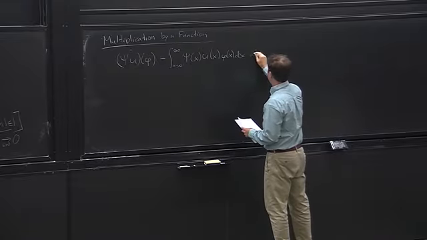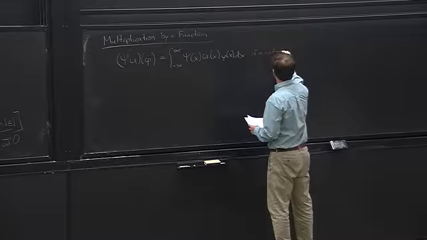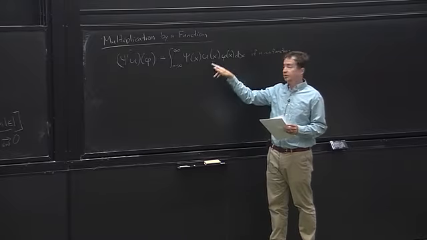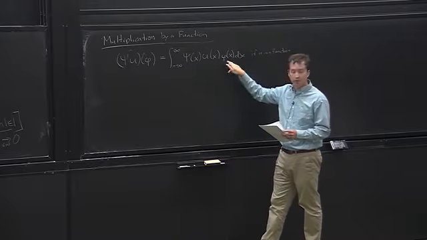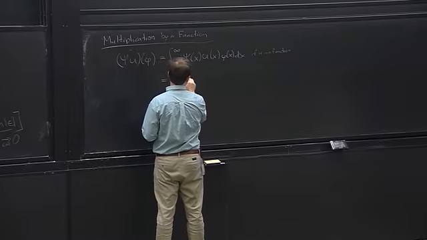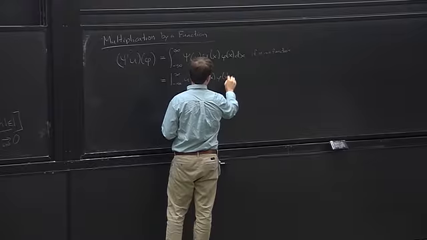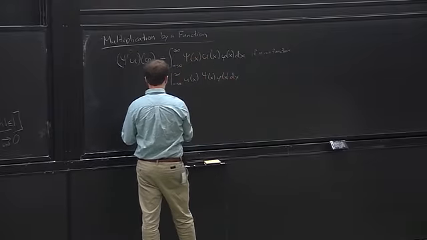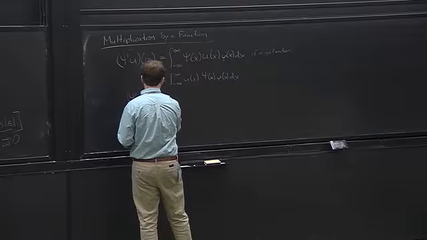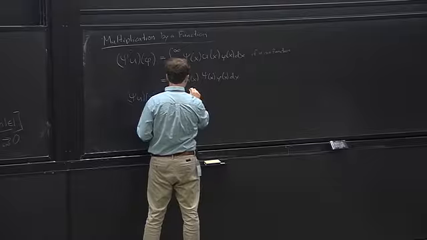So this is okay if u is a function. And we can just change the order of multiplication, group together the psi and the phi, and write this as u of psi times phi, which suggests that we should define psi u of phi to be u of psi times phi.